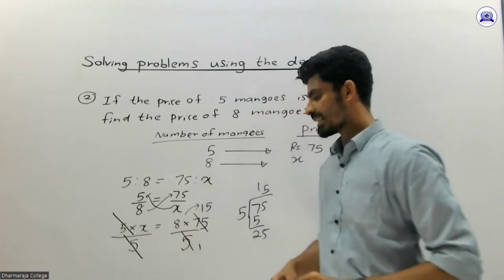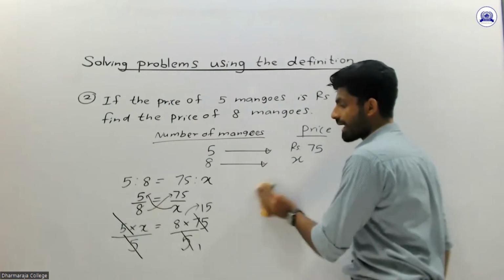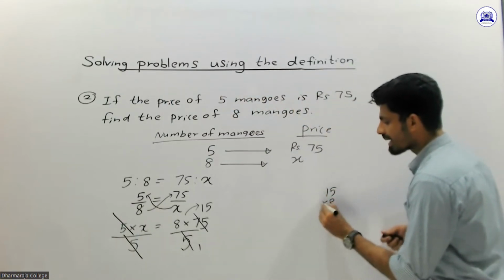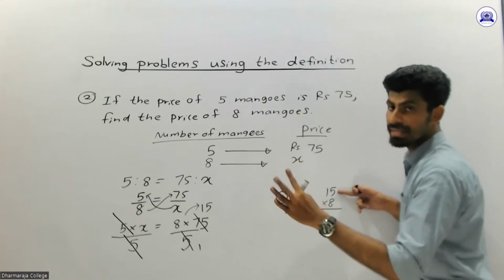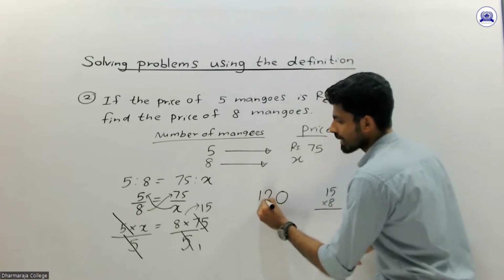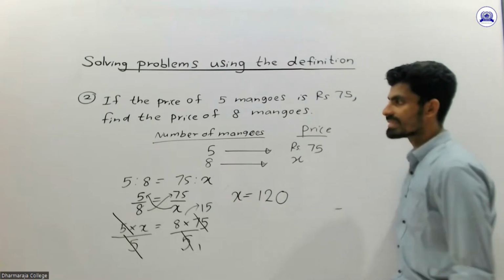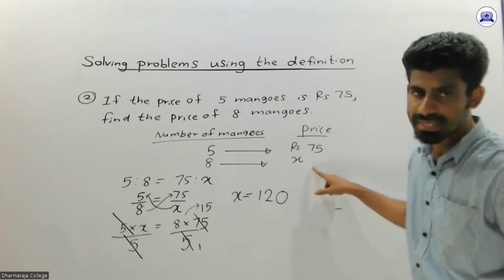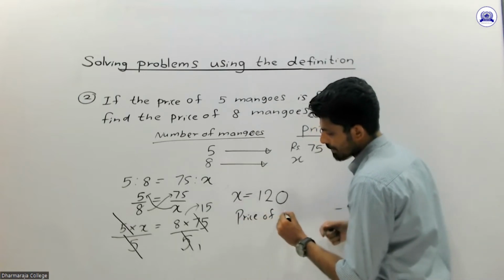8 into 15, right? What is the answer for 8 into 15? You can multiply 15 by 8. 8 into 5, 40. Remaining 4. 8 into 1, 8, plus that 4, 12. So 120. x equals 120. 120 means the price of 8 mangoes.